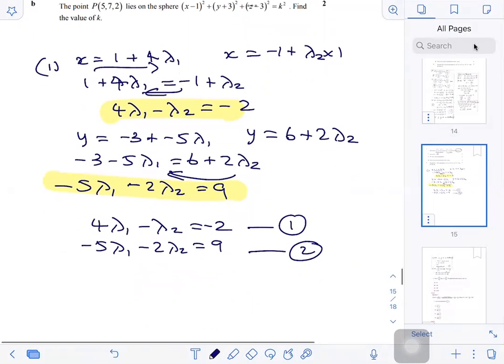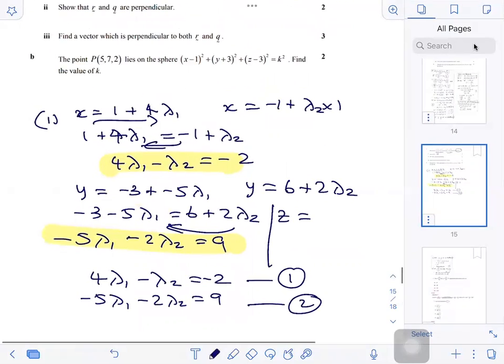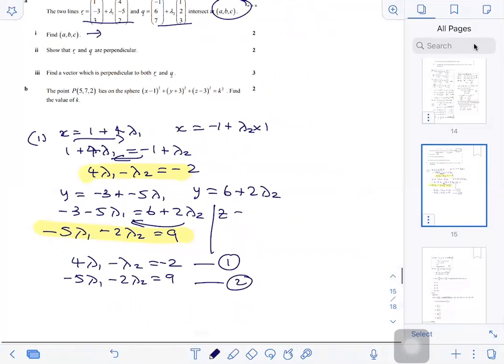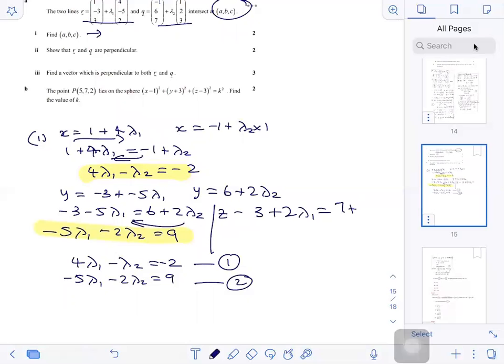So 4t1 minus 5t2 equals -2, and -5t1 minus 2t2 equals 9. I could do the z values as well, but it's not so important because I only need two unknowns. So z would be 3 plus 2t1 equal to 7 plus 3t2, which means 2t1 minus 3t2 equals 4. And that's your third equation.